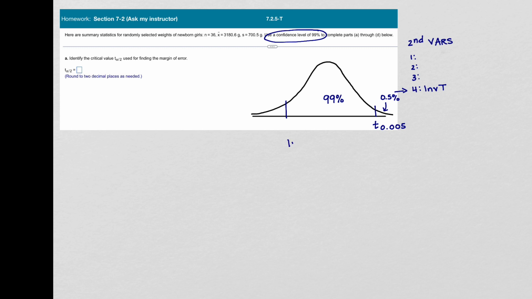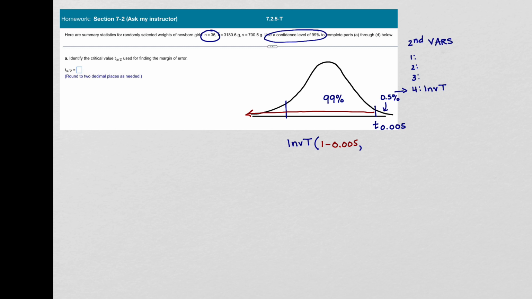So to do this in the calculator, I'm going to do inverse t, and I'm going to say, what is the area on the left-hand side? So that is going to be 1 minus 0.005, or you could subtract that and get 0.995, either way. And then we're going to put in the degrees of freedom. So this is where I have to look at the sample size, and that's 36.